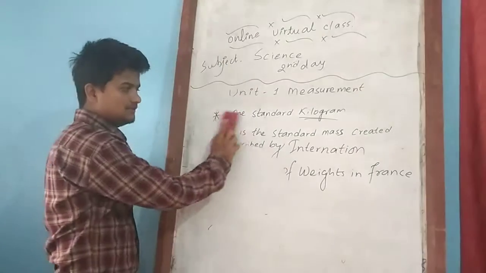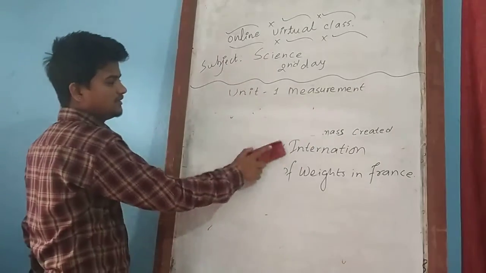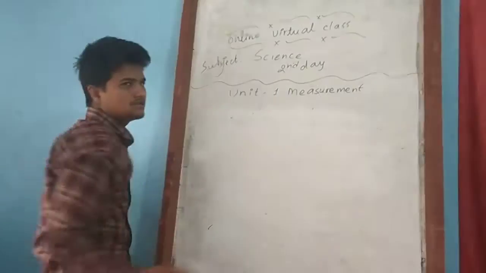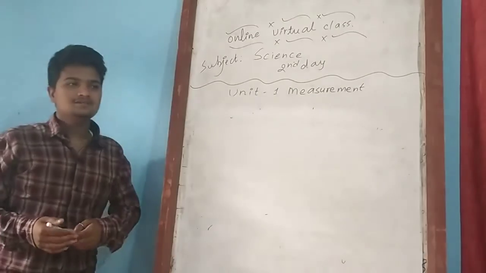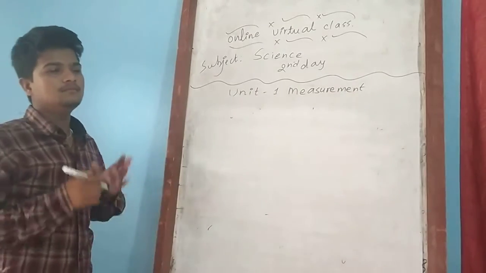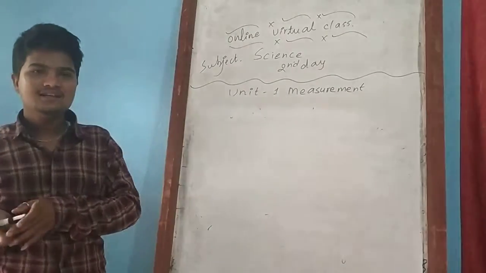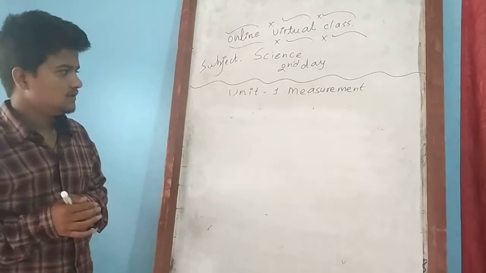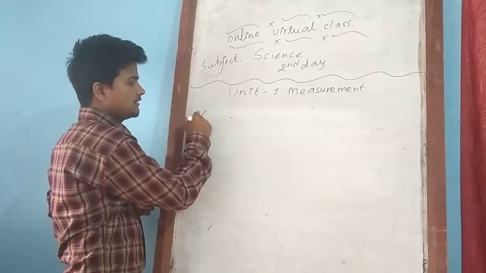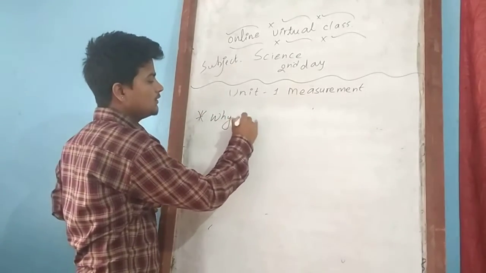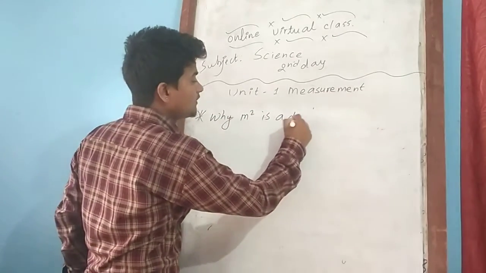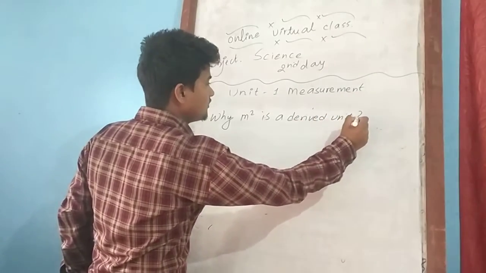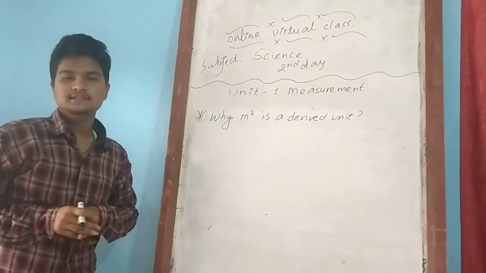Mostly in examinations, questions are asked from fundamental quantities or derived quantities, especially why units like meter square, meter cube, or physical quantities like area and volume are derived quantities. A question is asked like this: why is meter square a derived unit?